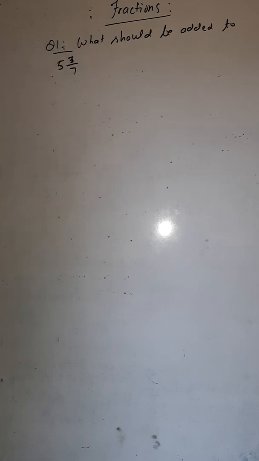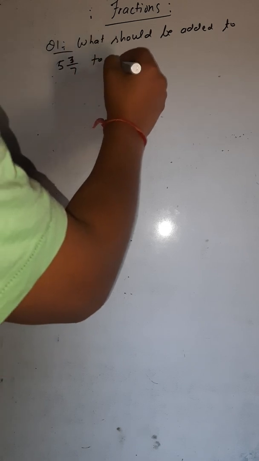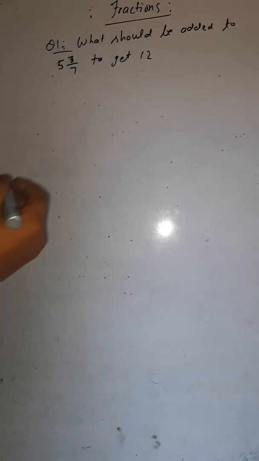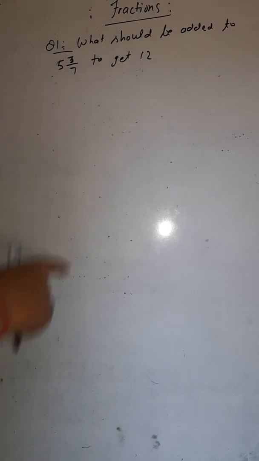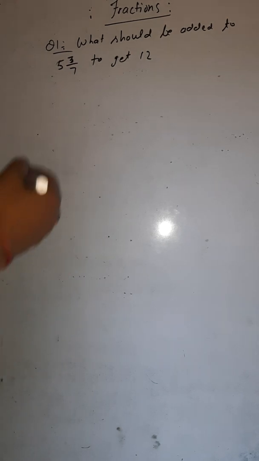What should be added to 5 whole 3 by 7 to get 12? Which number should I add to 5 whole 3 by 7 to get 12?